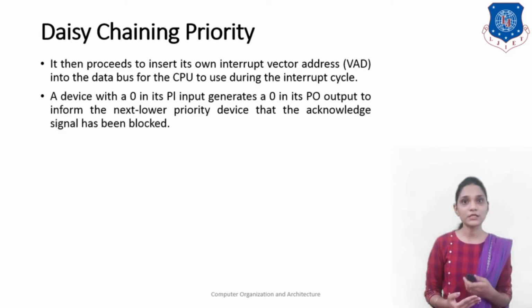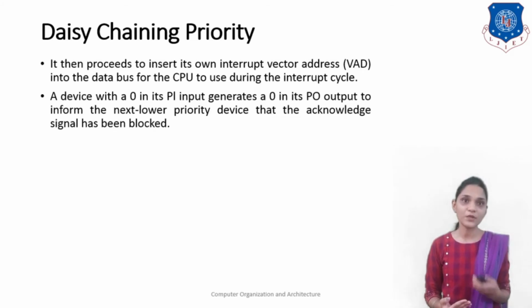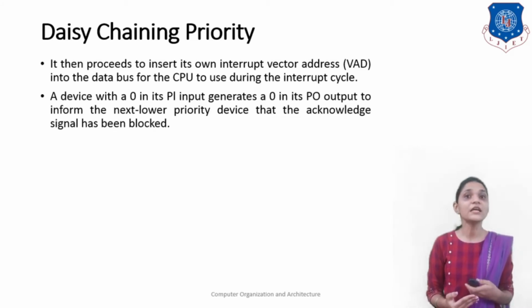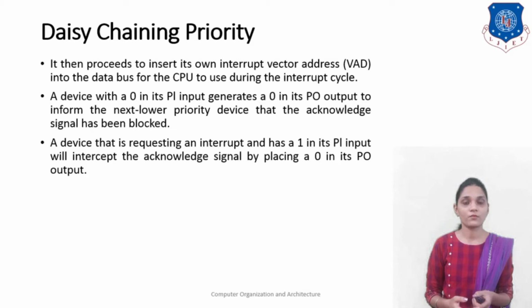A device with a 0 in its PI input generates 0 in its PO output to inform the next lower priority device that the acknowledgement signal has been blocked. A device that is requesting an interrupt and has a 1 in its PI input will intercept the acknowledgement signal by placing 0 in the PO output line.